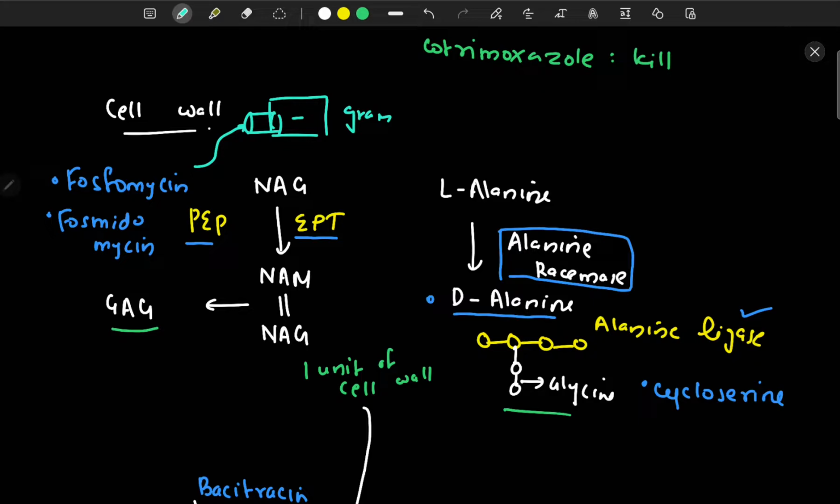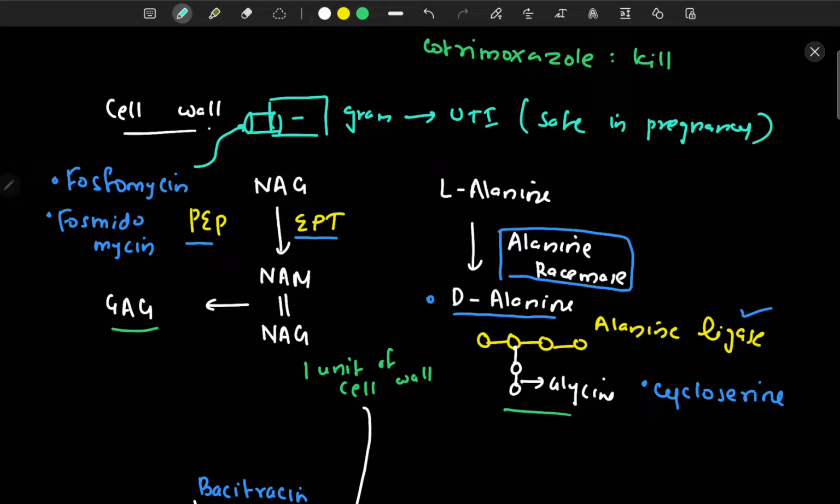Moreover, this drug is well concentrated in urine. So there is an advantage. The advantage is that because it is more excreted by kidneys, this drug will be well concentrated in urine. So this can be used to treat urinary tract infections. And this drug, fosfomycin and fosmidomycin, is safe in pregnancy.